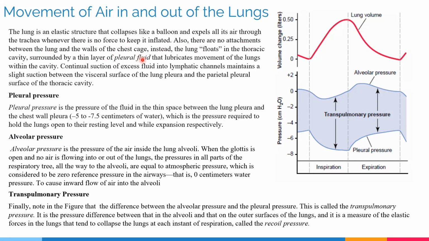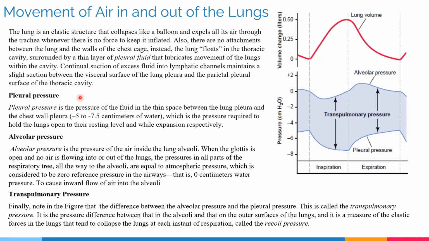Instead, the lung floats in the thoracic cavity, surrounded by a thin layer of pleural fluid that lubricates movement of the lungs within the cavity. Continuous suction of excess fluid into the lymphatic channels maintains a slight suction between the visceral pleura of the lung and the parietal pleural surface of the thoracic cavity.